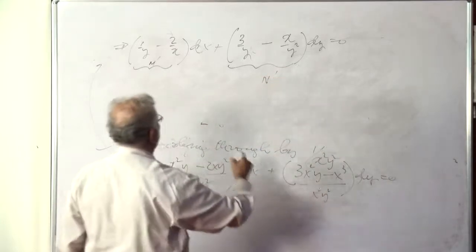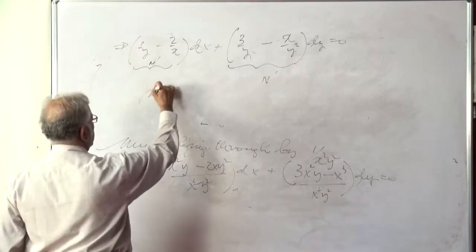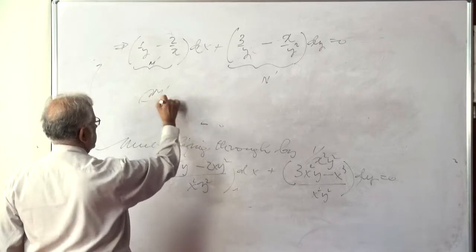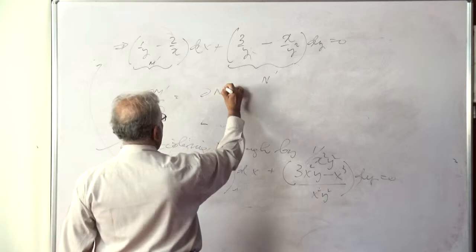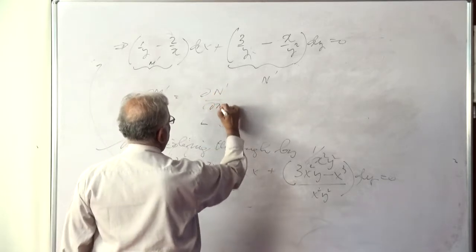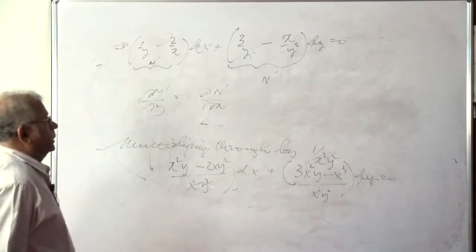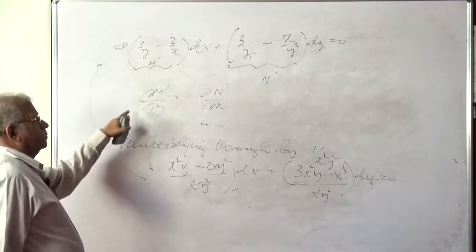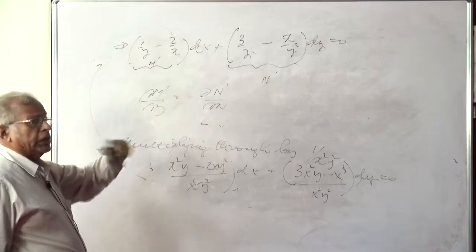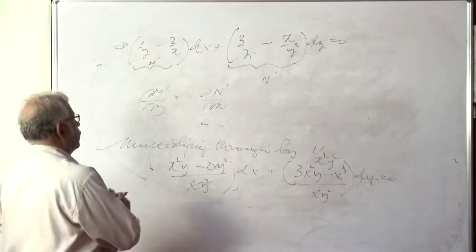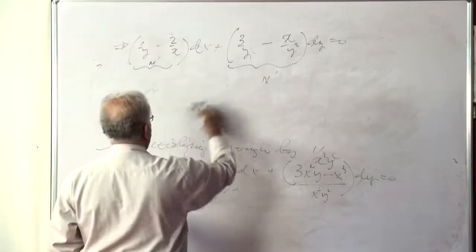One can easily verify that del M dashed del y equals del N dashed del x. So we just integrate this as if it is an exact equation, which it is, and follow the rule of integrating an exact equation.